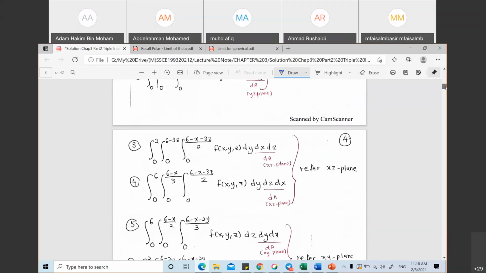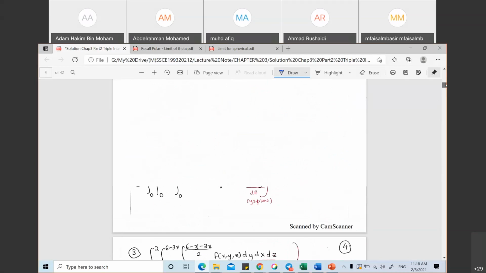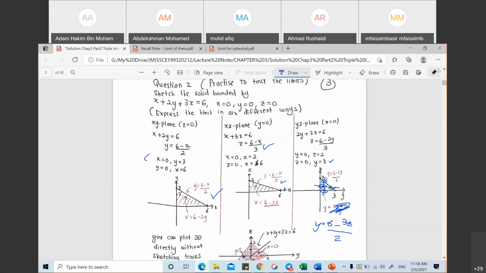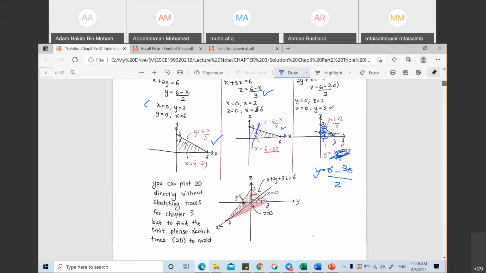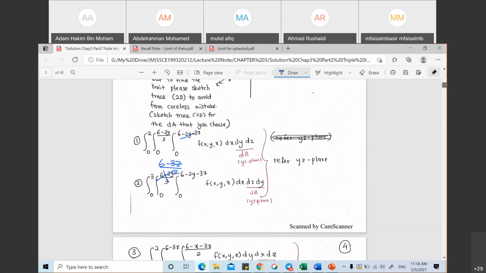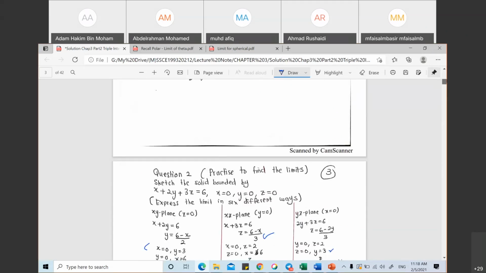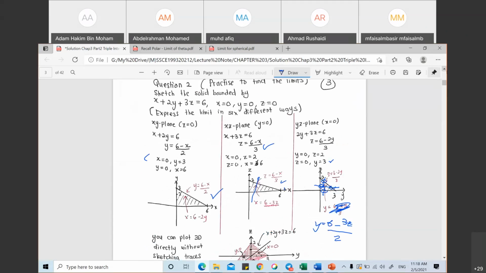If you're integrating with respect to xz, it is here, right? Type 1 or type 2. So if dx dz, the first one is dx dz, cut at z. Okay.